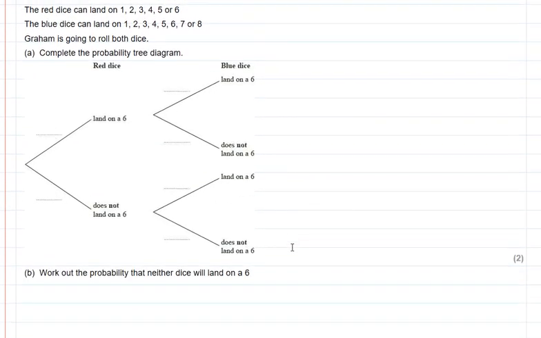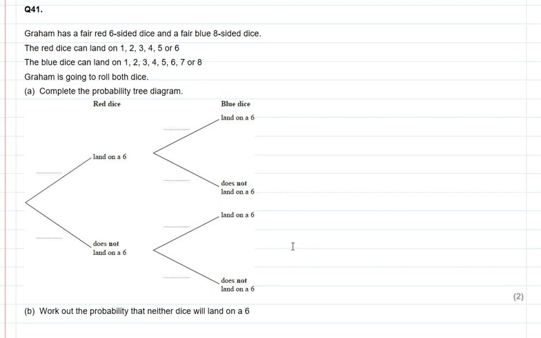Now there's another question. Here it is given. Graham has a fair red 6-sided dice and a blue 8-sided dice. The red dice can land on 1, 2, 3, 4, 5, 6, total 6, and the blue dice can land on 1, 2, 3, 4, 5, 6, 7, 8. Graham is going to roll both dice. Complete the probability diagram.